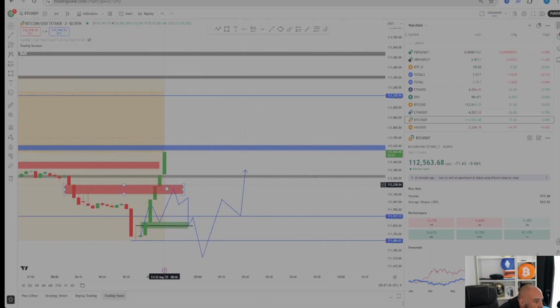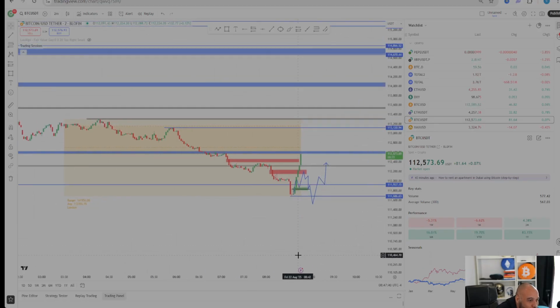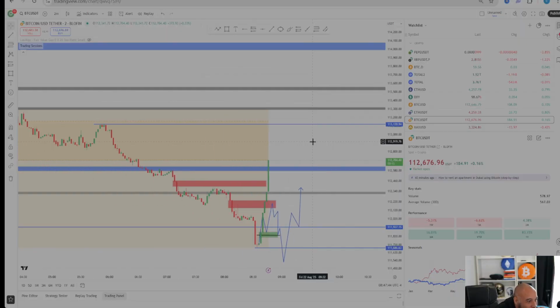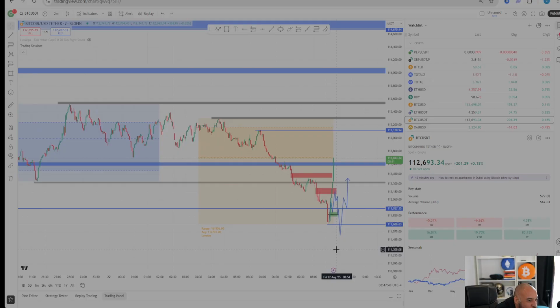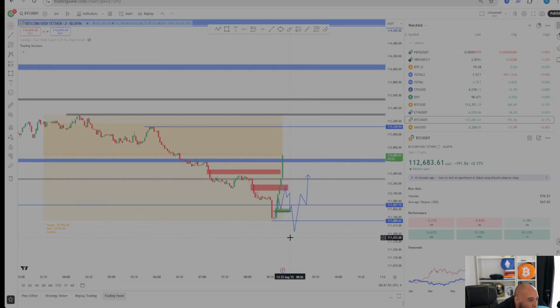Okay, so oof, woo. See, when it takes that liquidity that it needs, it viciously retraces, viciously. And we're not even into New York session opening yet.